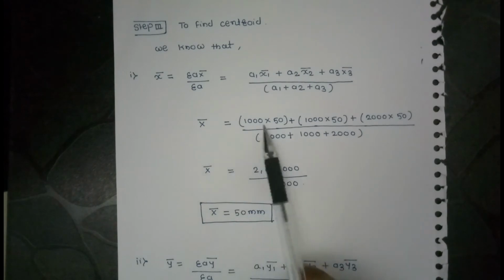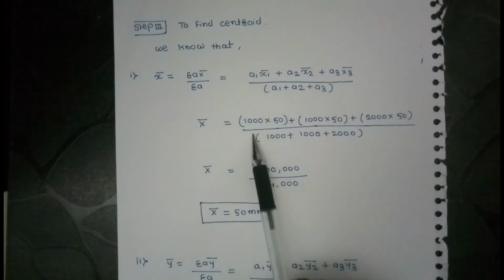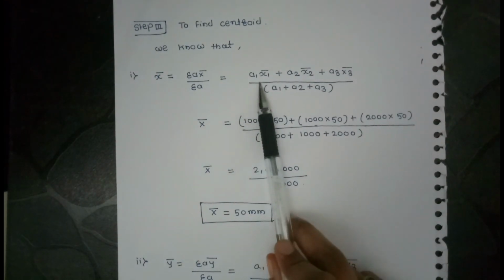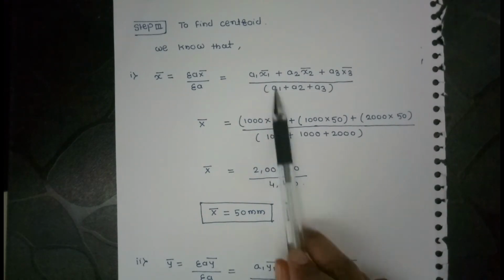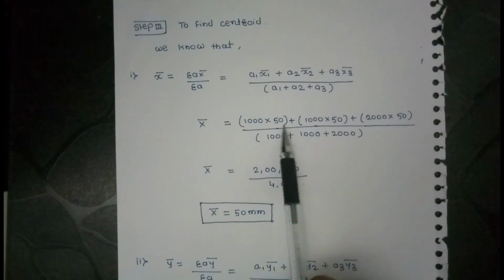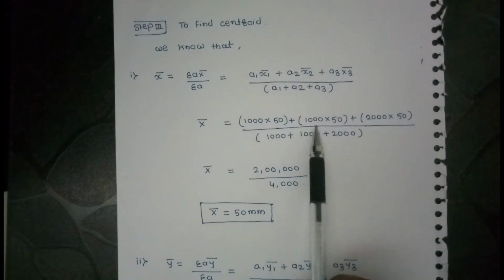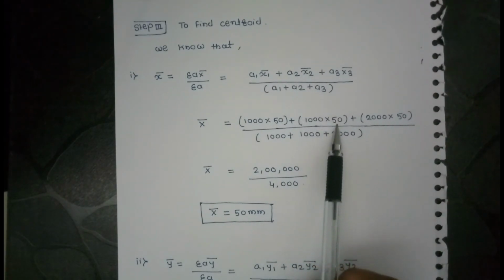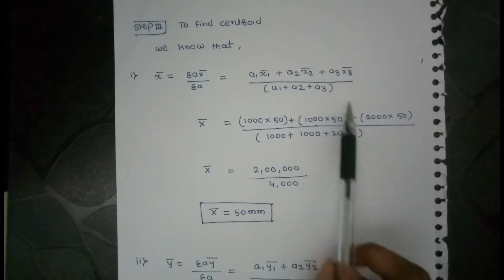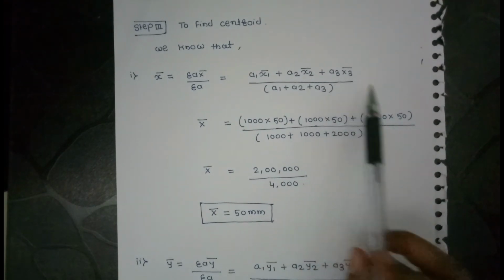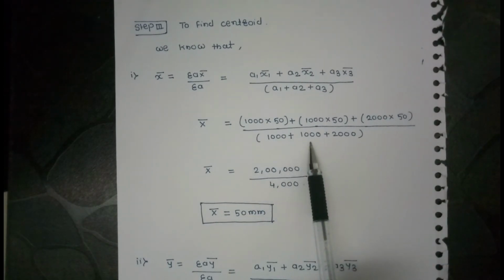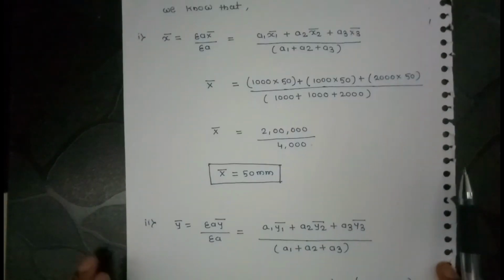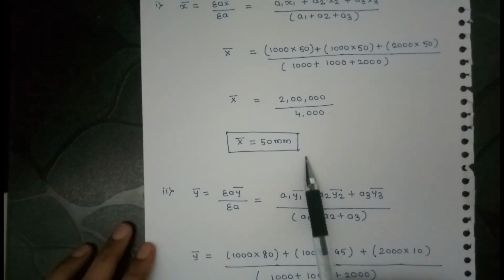X bar is equal to, what is the value of a1? Area of first section 1000 into x1 bar 50, plus a2 1000 into x2 bar 50, plus a3 2000 into x3 bar 50, divided by 1000 plus 1000 plus 2000. Then we get x bar is equal to 50 mm.